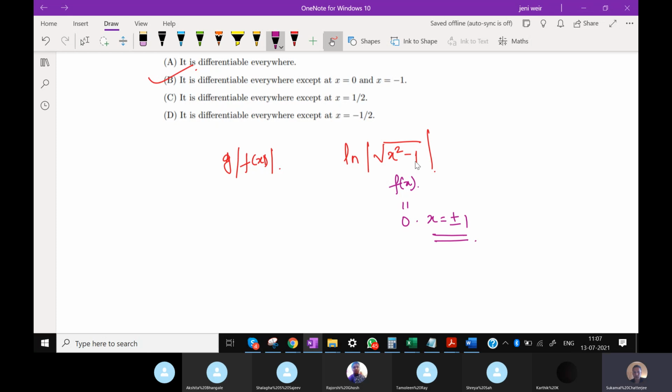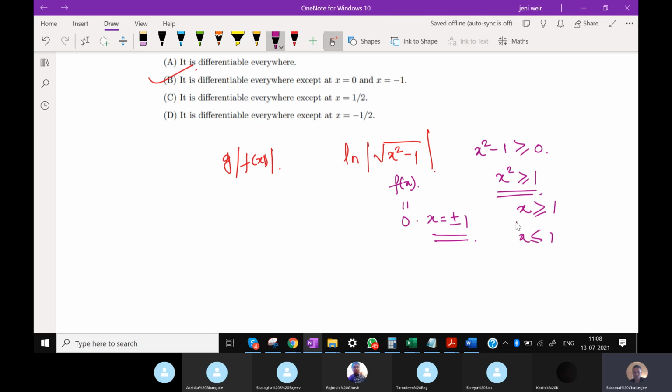right? And also notice, since this is a radical function, that means x square minus 1 has to be greater than or equal to 0, or x square has to be greater than or equal to 1.